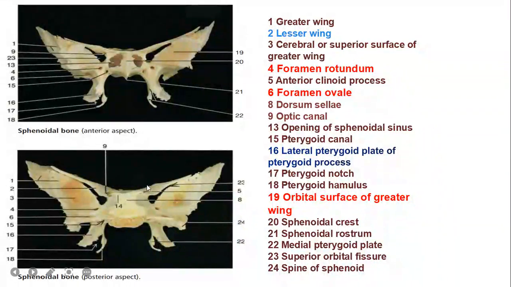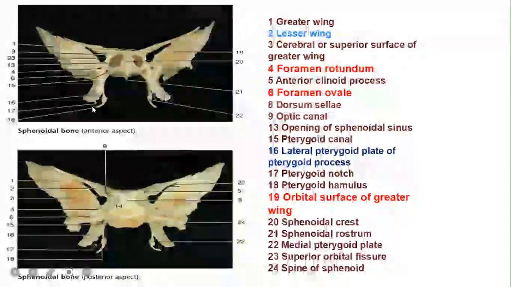Then another part labeled 13, this area, is the opening of the sphenoidal sinus. Then the part labeled 15 is the pterygoid canal. Then 16 is the lateral pterygoid plate of the pterygoid process, which we shall be checking on. Then the part labeled 17 is the pterygoid notch.